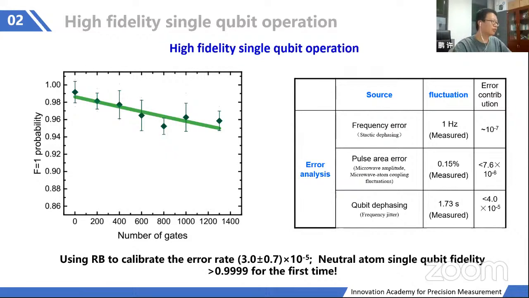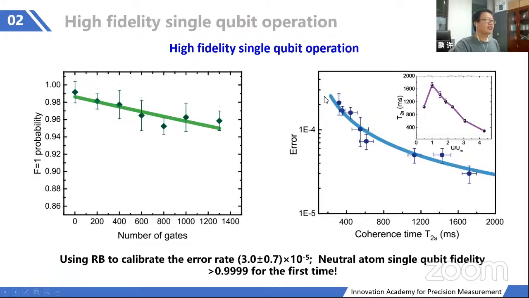After many optimizations, the error can be as low as 3 multiplied by 10 to the minus 5, which means our neutral atom single qubit fidelity is better than 0.99.